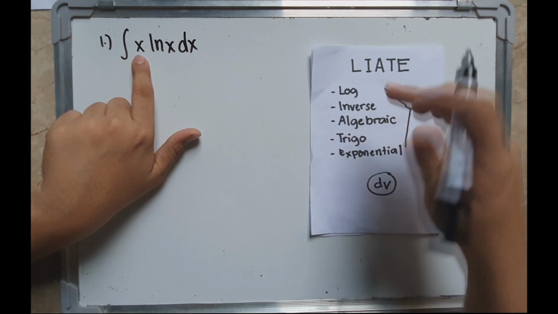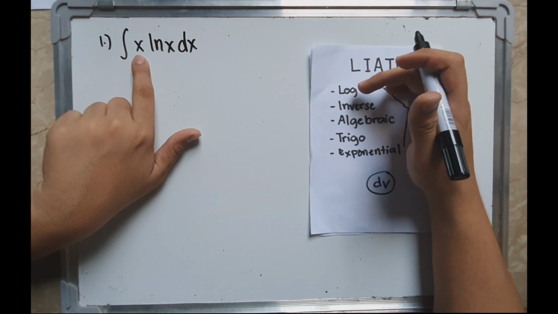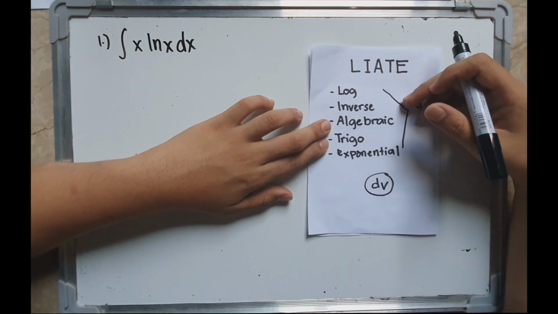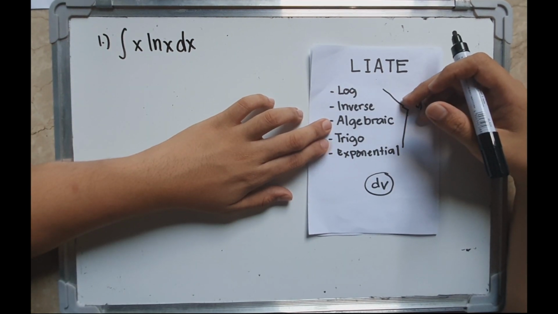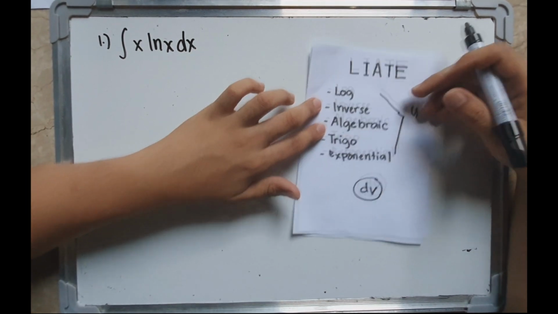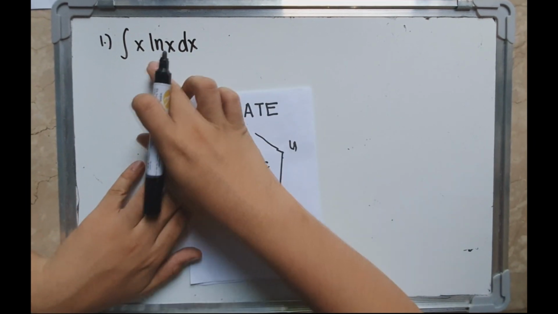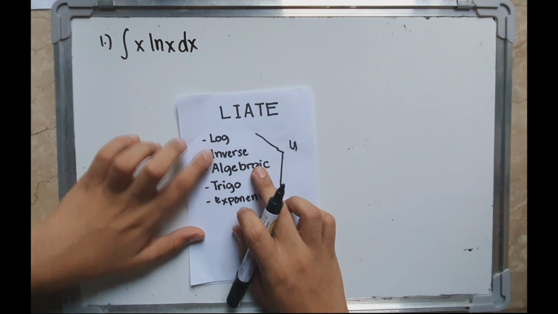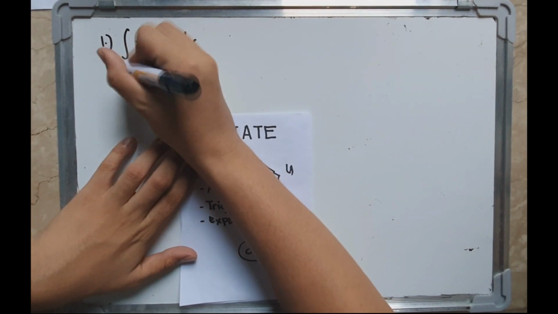Why? Because we have to follow the order. If these two are found in our integrand, then we will choose this order. So we have the logarithmic ln, and we will assign ln x as the u.